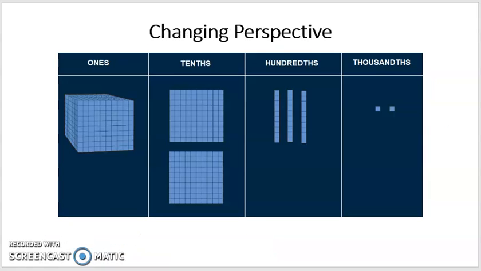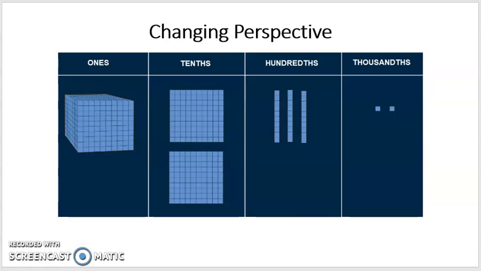Base 10 blocks are actually useful not just for representing whole numbers, as we've done so far, but also for representing fractions. To apply base 10 blocks to fractions, all it takes is a change in perspective. One of our fundamental concepts of fractions is the idea of the whole. What represents the whole?